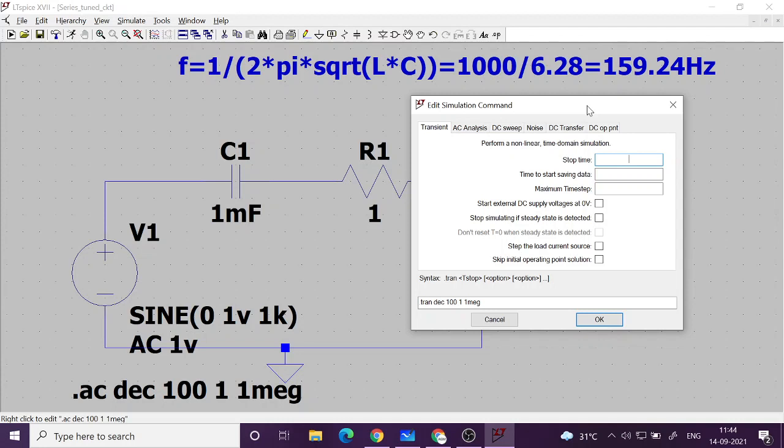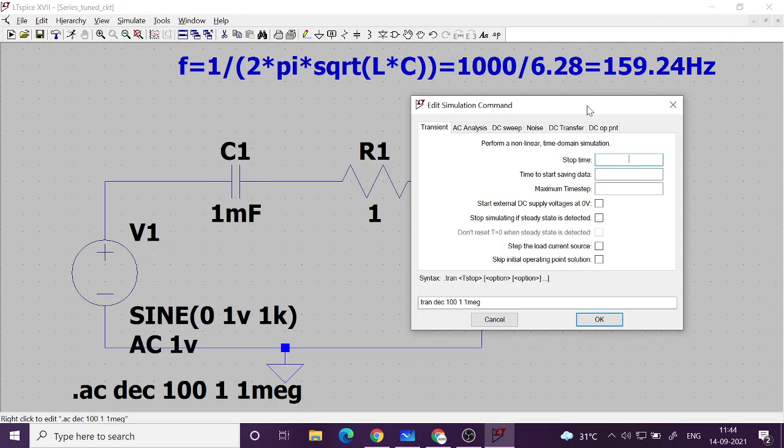So let me calculate. 1 divided by 159.24, that is 0.006.